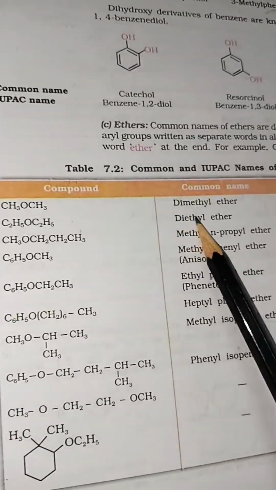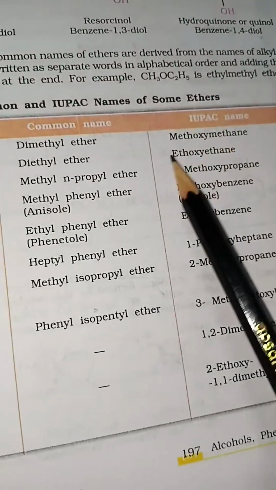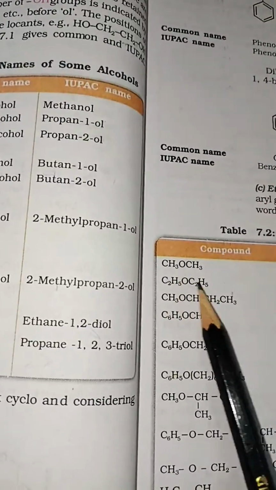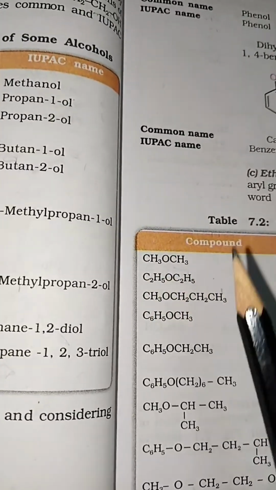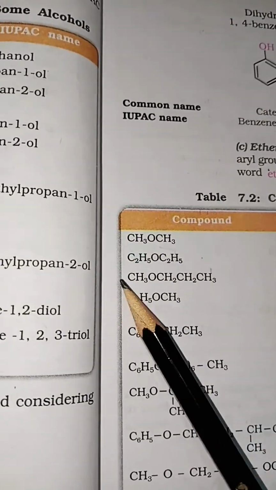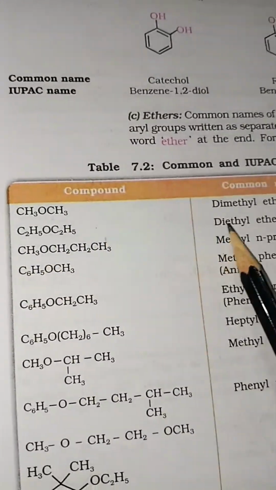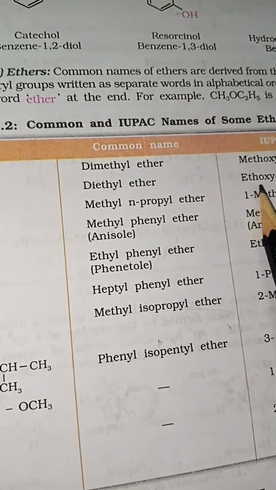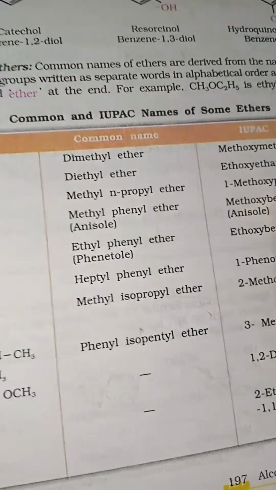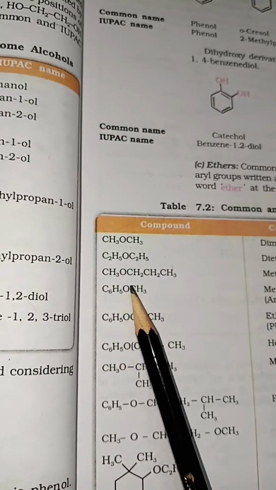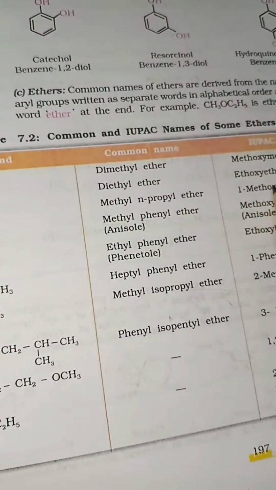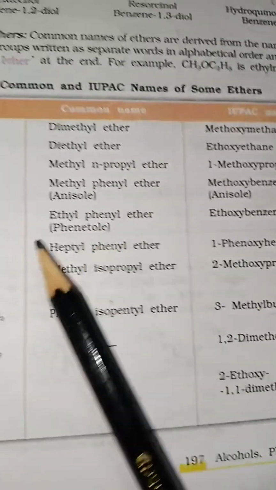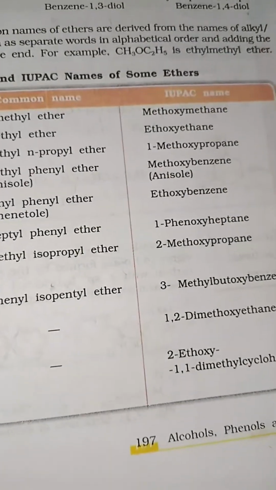The common name is dimethyl ether, and the IUPAC name is methoxymethane, the compound CH3OCH3. Next, C2H5OC2H5 is diethyl ether, and the IUPAC name is ethoxyethane. Next is methyl n-propyl ether, whose IUPAC name is 1-methoxypropane. These are the common names, and these are the IUPAC names.